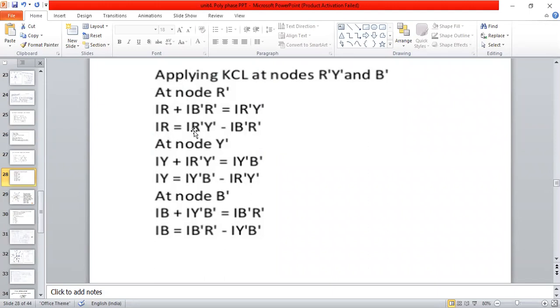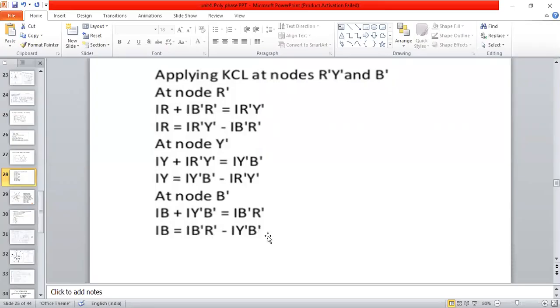IR is the line current, and these two are the phase currents. Similarly for node Y, IY equal to I Y'B' minus I R'Y'. And at node B, IB equal to I B'R' minus I Y'B'. Up to here, any doubts?